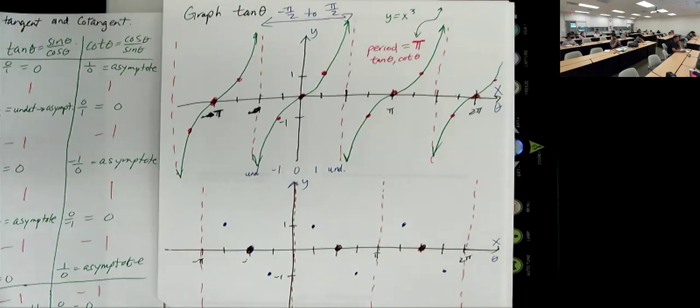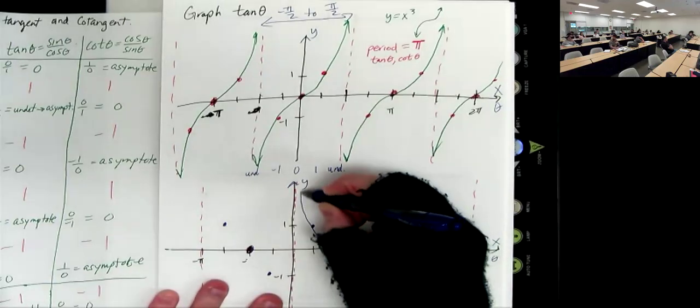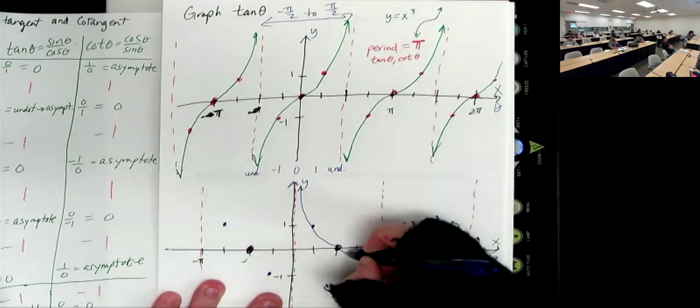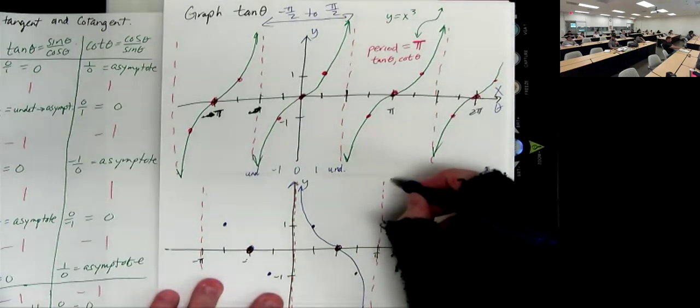And now it does the same thing that tangent does with the curvy nature. But it does a curve towards the asymptote. So that's gonna do that, and that's gonna do that. So it's kind of curving the other way.